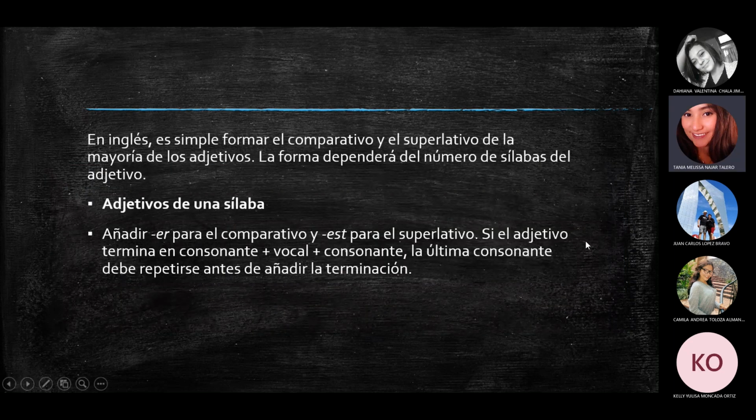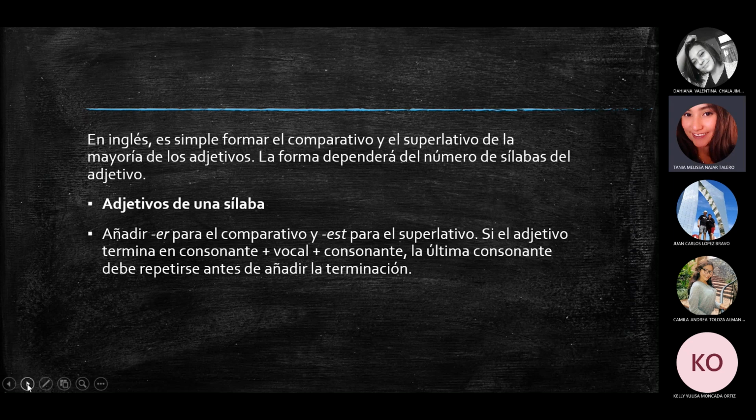Now, like you said before, when we add er to the comparative and est to the superlative, if the adjective finishes in consonant, vowel, consonant, the last consonant must repeat before adding the est, in this case with adjectives of only one syllable.